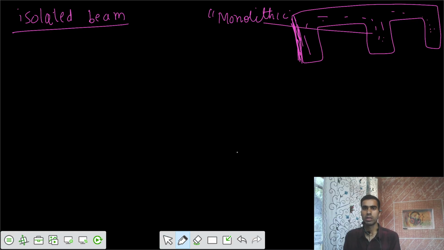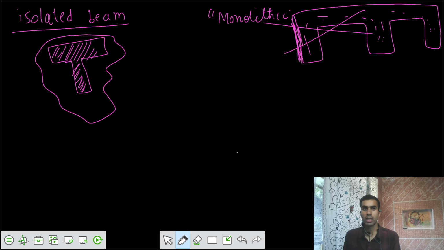In this case also we say it is monolithic, but only in the sense that the web and flange are cast together, and it is a separate thing. Once it is a separate thing, then we call it an isolated system. We are only designing this particular T-type beam, so we have an isolated system.